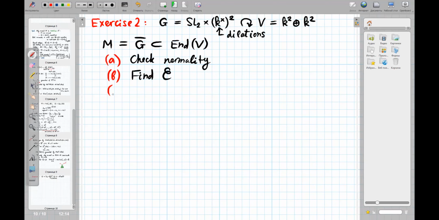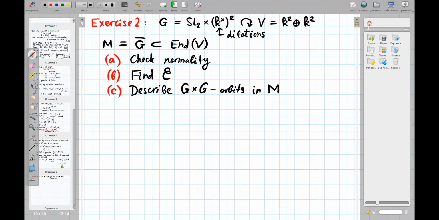And thirdly, describe G × G orbits in M. The open orbit will be G itself, but what are the other orbits? This can be done via the theory of spherical varieties, because we know the description of orbits in terms of colored faces and so on. Okay, so now the lecture is over, and if you still have questions, then I can answer.